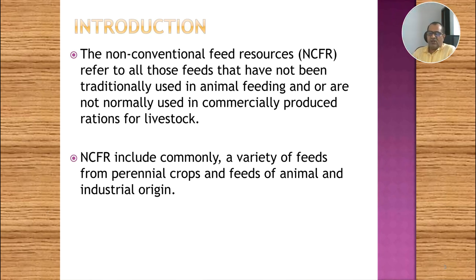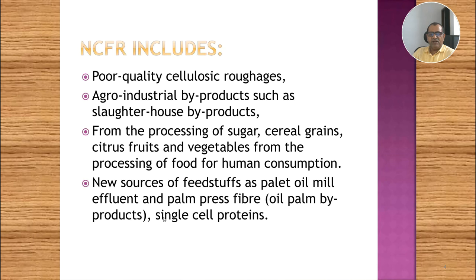animal rations. And the NCFR commonly include a variety of feeds from different perennial crops and also feeds of animal and industrial origin. So different energy sources are also there, and the standards especially deal with poor quality cellulose and roughages and agro-industrial byproducts such as slaughterhouse byproducts.